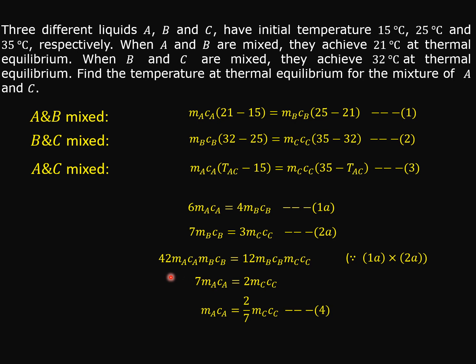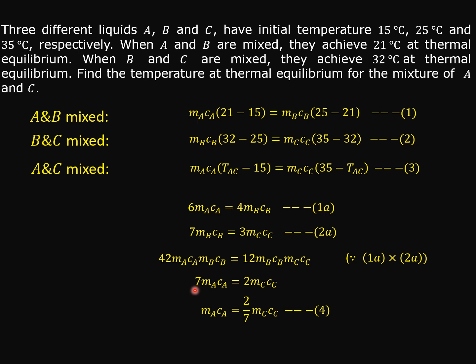So now we can cancel out this MBCB at the right with the MBCB at the left hand side of the equality sign. Then the 12 and 42, we can divide them by 6. 12 divided by 6 is 2, 42 divided by 6 is 7. So we have 7 MACA equal to 2 MCCC.